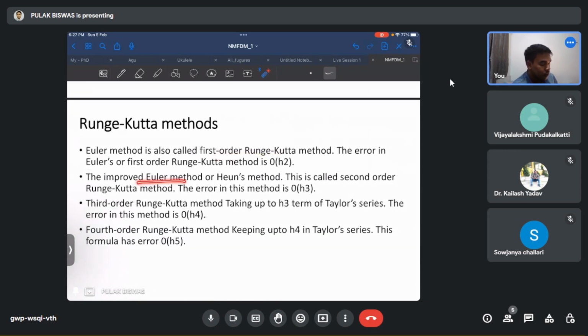The improved Euler, also called Heun's method, is the second order Runge-Kutta method, then third order, and fourth order. In these different methods the errors are defined like this: for the first it is of the order of h squared, for the improved Euler case it is h to the power 3, then h to the power 4 and h to the power 5.